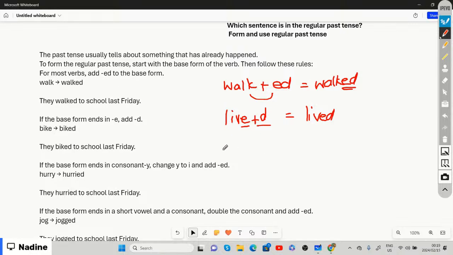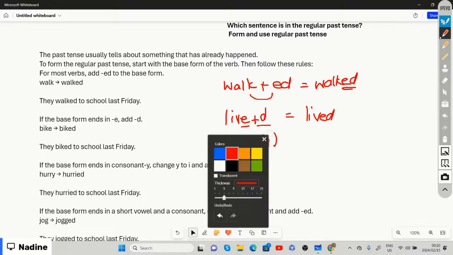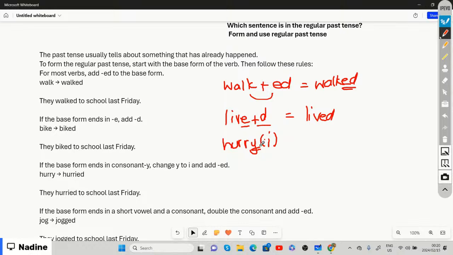If our base word ends with a Y, like hurry, then we're going to change this Y to an I, and then we're going to add an ED.